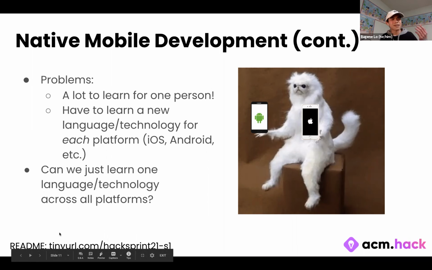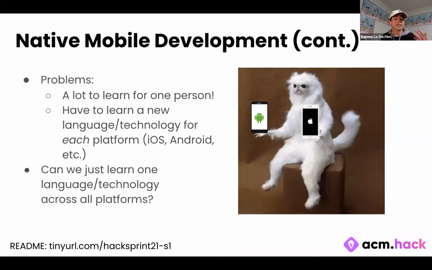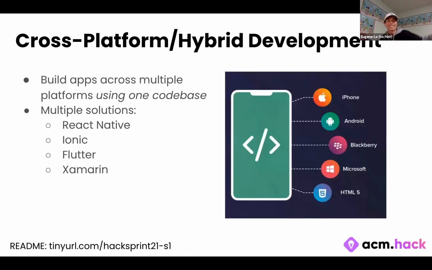So what if there was some magical technology that just allows us to learn one language or technology and then use that across all platforms? But wait, hold up. Across all platforms? Cross-platform, hold up. Yes, later on, cross-platform or hybrid development was created. And using this technology, we're able to build apps across multiple platforms using only one code base, which is crazy.